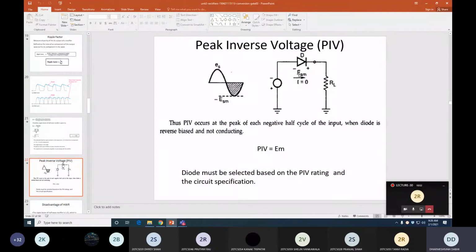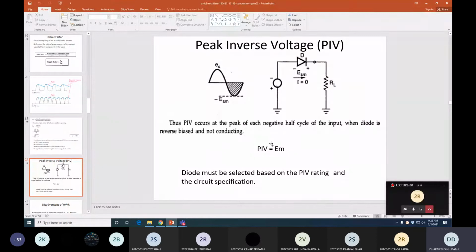So your diode will be damaged because of the high reverse voltage across it. So always choose the diode based on the peak inverse voltage rating, and the rating should be equal to or more than the peak inverse voltage. Generally, it is more, so that your diode will not be damaged once it is reverse biased. So this is a very important parameter when you design the rectifier or select any diode for the rectifier.